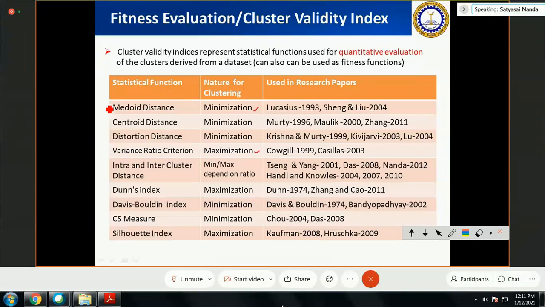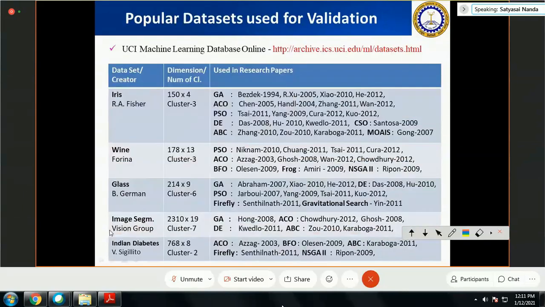If you are considering these particular distances, their minimization will lead to good clustering, and for the Dunn index, variance ratio criterion, and CLOT index, maximization is needed. So clustering as an optimization task can be dealt with either as a minimization or a maximization of the function.